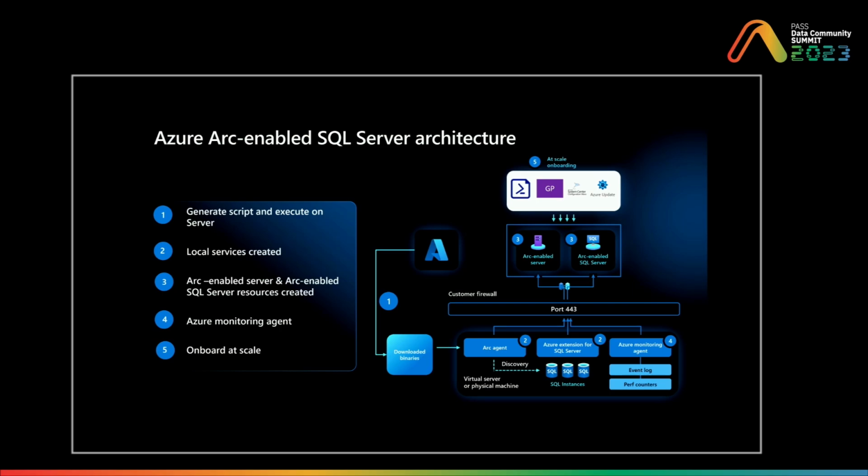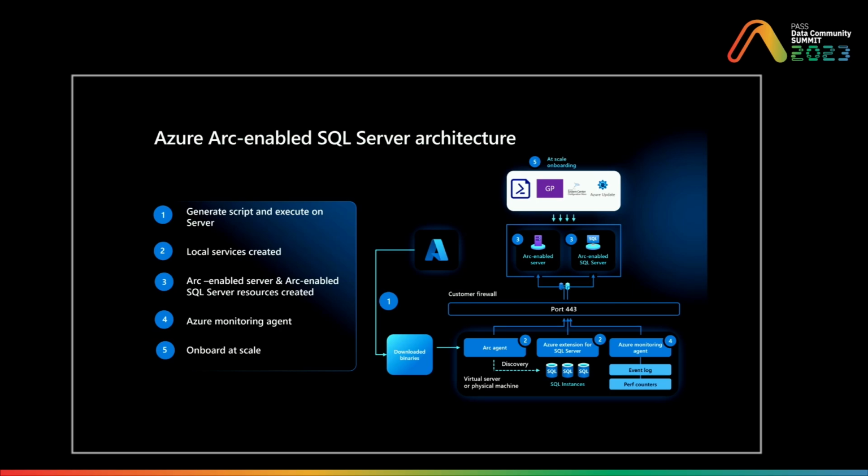As soon as the guest agent is installed and the ARC server resource is created, it automatically detects that the SQL server is deployed on that box. Then it also installs the SQL server extension for you, and it will create an ARC SQL server resource for you automatically. So we streamlined the onboarding of ARC SQL server in a completely automated way.